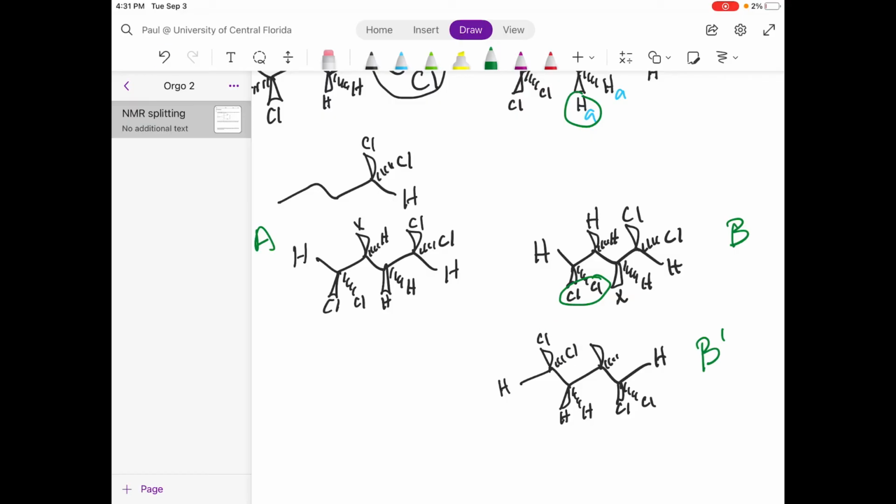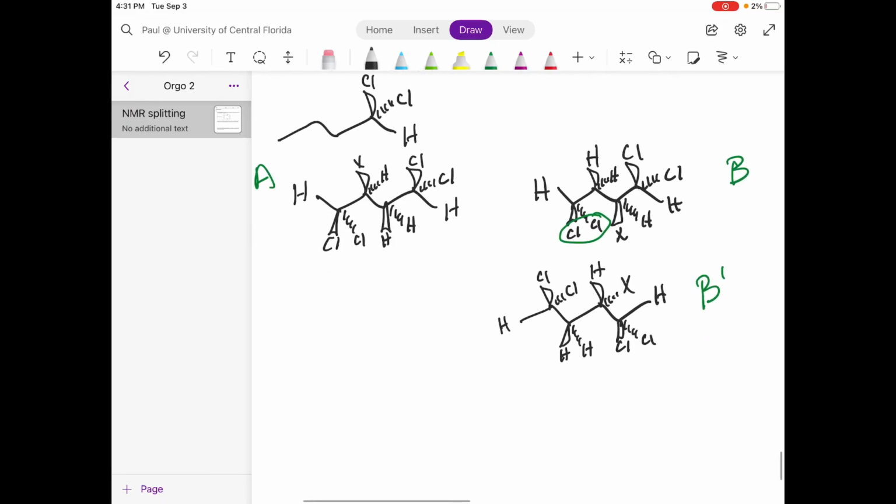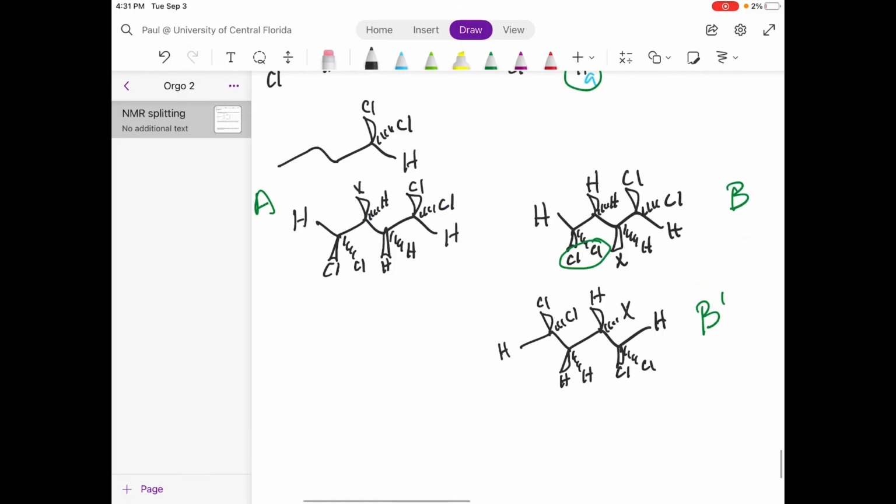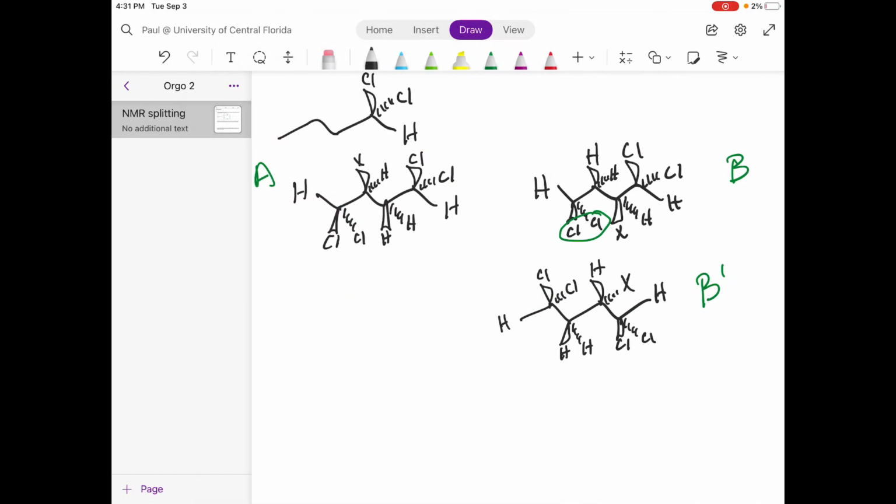Now, when I flip that, that means my X is going to be right there. My hydrogen's going to be right there. So can I take that and superimpose it? No, I can't. And it's not a mirror image. But look at what I can do to it again. I'm now going to take B prime and flip it 180 degrees.